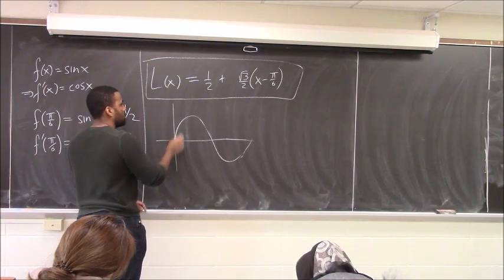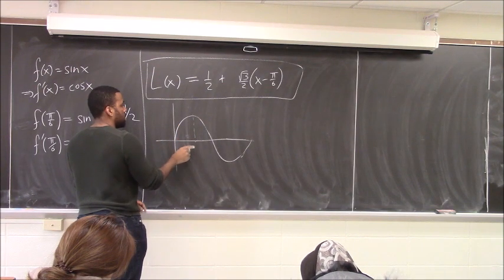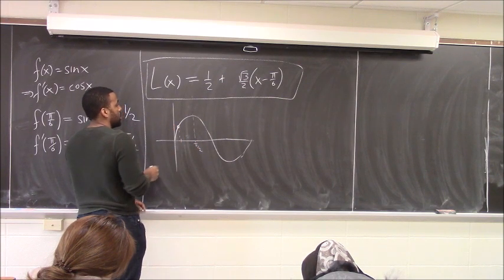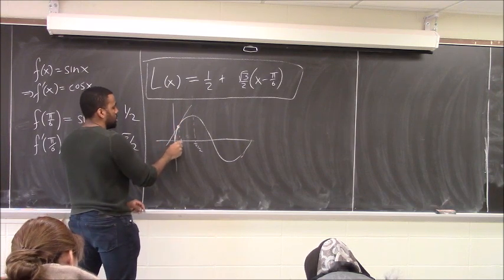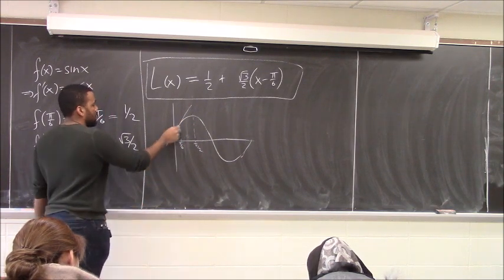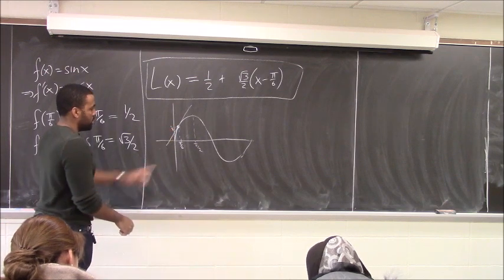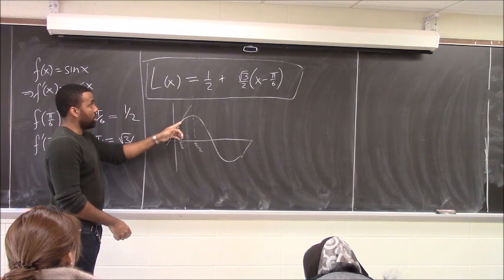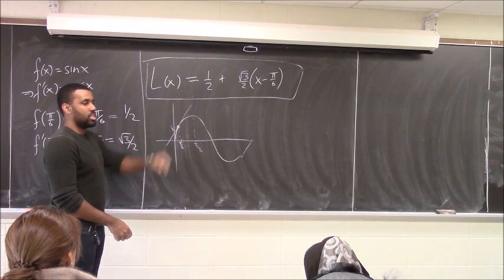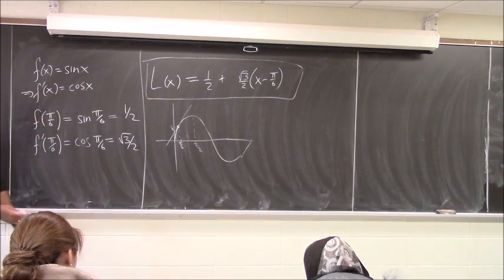Pi over 2 will be here, so pi over 6 is somewhere here. Over there, we have this tangent line. The actual value here is a half. But if you're a little bit to the left or right of that and you want to figure out what the sine function is doing, you can literally plug that value into the tangent line instead, and it'll give you a pretty good idea.